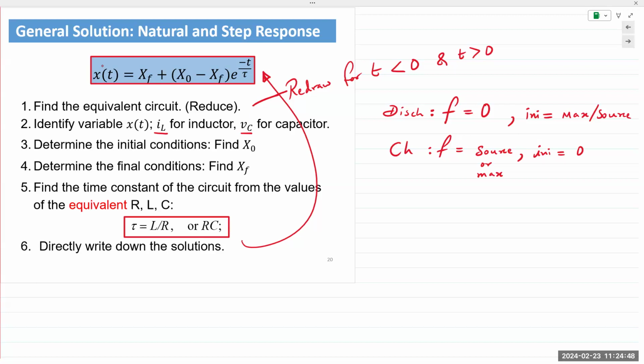All right. Do the steps make sense? Does the equation make sense? And I'll show you right now why it would work for natural response. For natural response, the final value is 0. So if you plug in 0 in this expression, you would obtain x of t is x0 times e raised to minus t over tau. For natural response, xf is equal to 0.